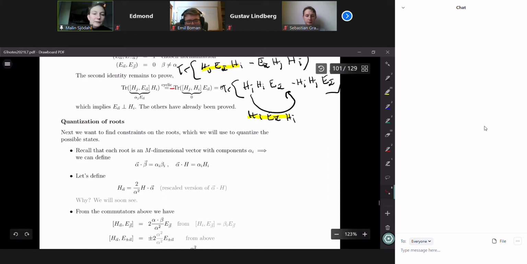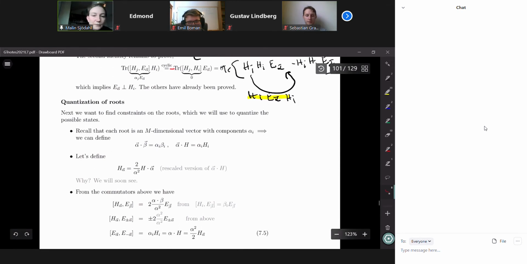First I remind you that each root is some m-dimensional vector. So the roots are these eigenvalues with components alpha j. So we can define a scalar product in an ordinary sense between the roots alpha and beta. And we can also take alpha dot h and define that to be alpha i h i.